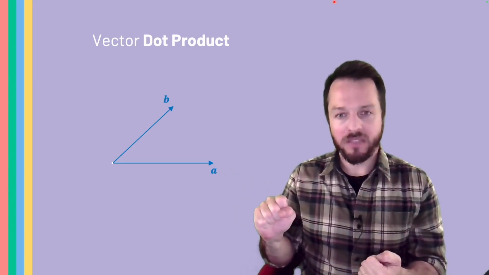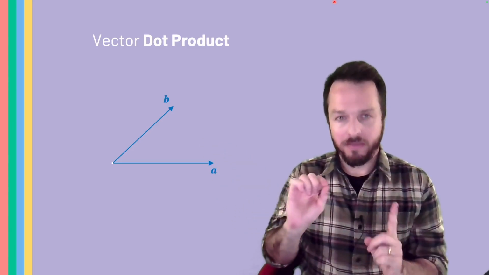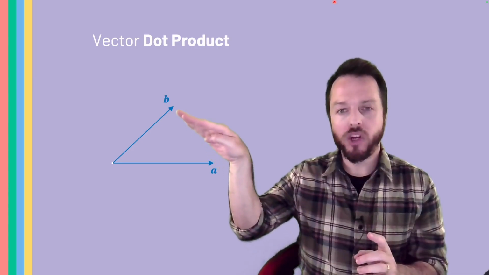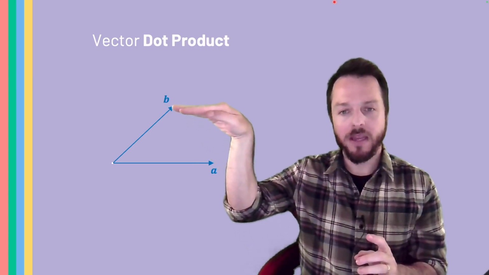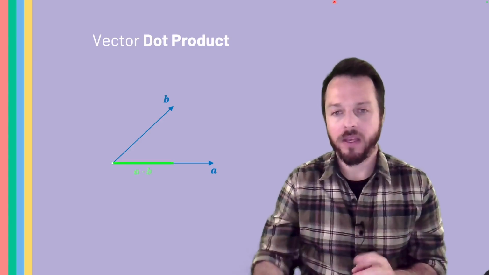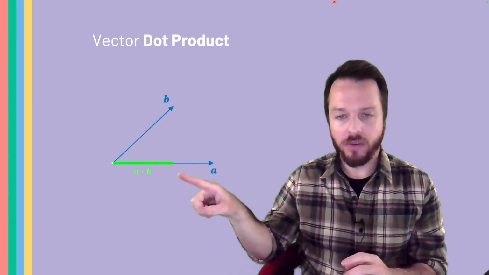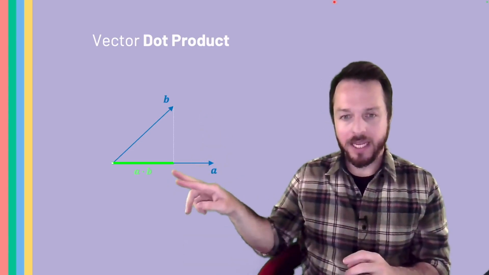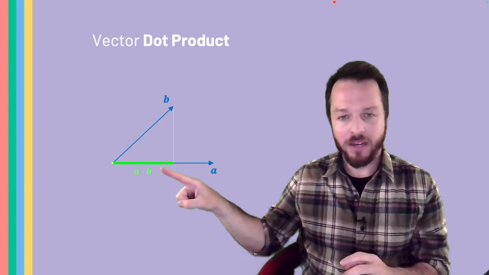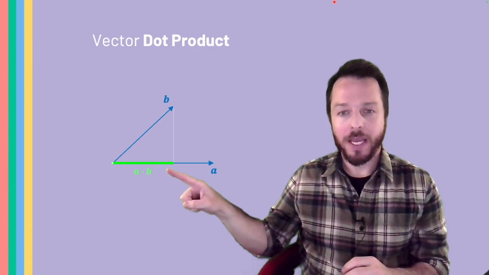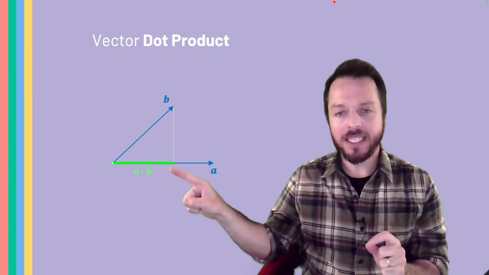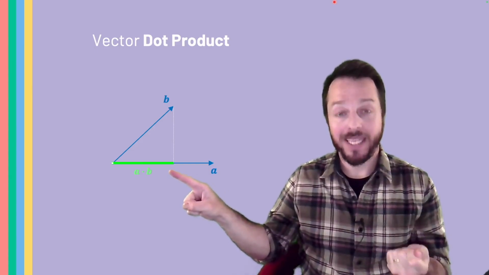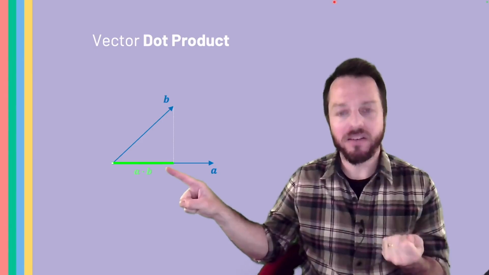Given that, we have an operation that is going to project this vector B onto vector A, and this projection of B onto A is going to give us A dot B. But pay attention that this is not another vector. This is a scalar value.